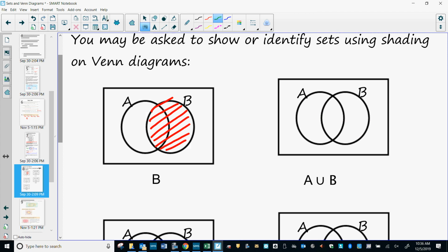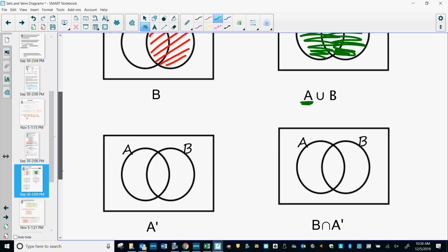You shade whatever they've asked you here, and also whatever they've asked you here. If you've shaded something twice, it makes no difference, because it's just been shaded. So for union questions, just take each of the things and shade them as they've asked you to.